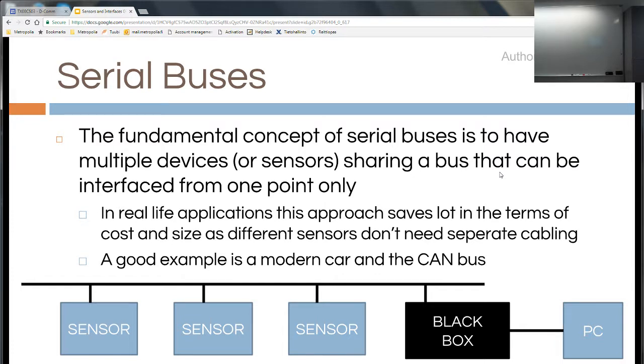One good example in real life applications is the CAN bus, which is a serial bus, which also gives the power for those sensors and controllers, all kinds of stuff there is in a modern car. And it's quite a robust system. A car is not the easiest place to put sensors.